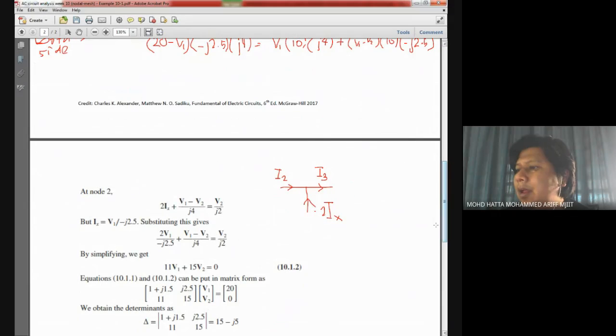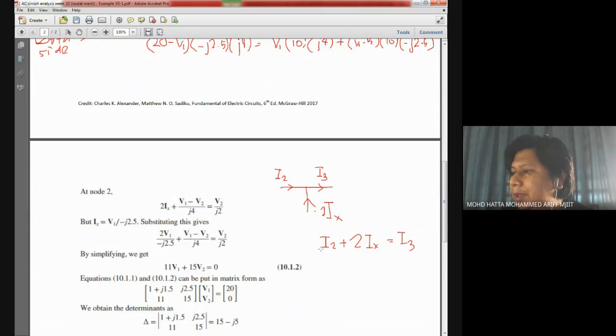If you look at this equation, it basically comes from this definition. Here we have current coming in, I2 and also 2Ix. Current out is I3.